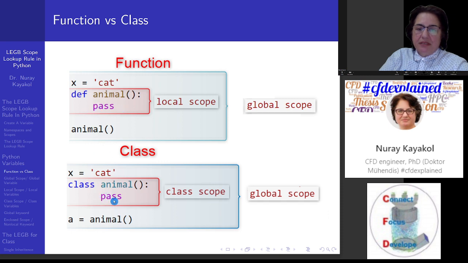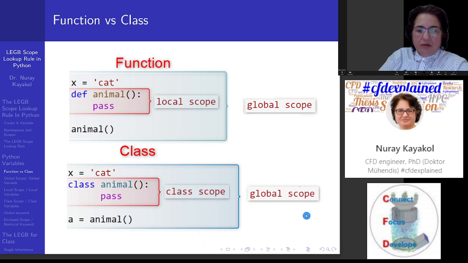So inside of the def function you have a local scope, and outside of the local scope you have a global scope. But when you use the class keyword instead of def, you will have a class scope. More or less the same meaning.